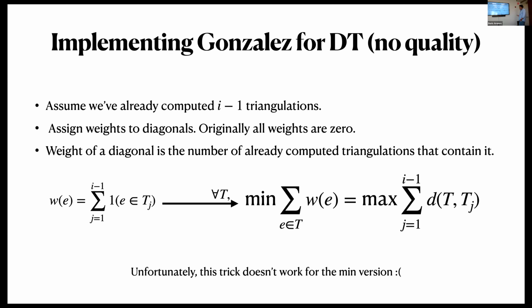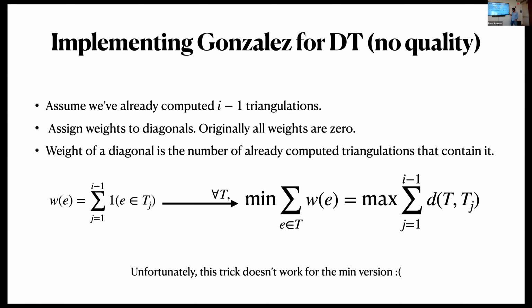Clearly, for my new triangulation, I would favor diagonals with smaller weights. If there's a weight 0 diagonal, I would want to take it, and if there's a high weight diagonal, I want to avoid it. And what happens nicely because of setting these weights up is that if you take any triangulation T and look at the sum of the weights of its diagonals, where the weights are defined by the previously found triangulations, then that is precisely the distance of T from the previously found triangulations.